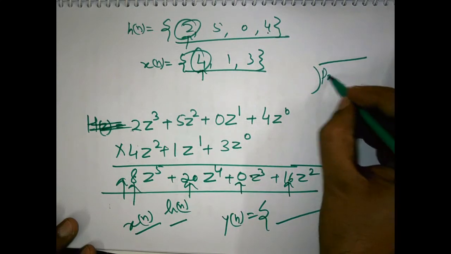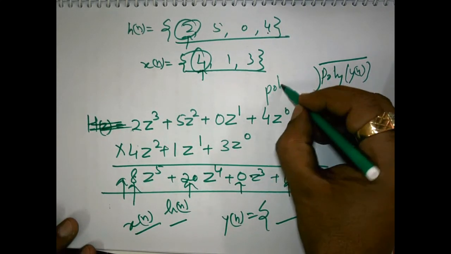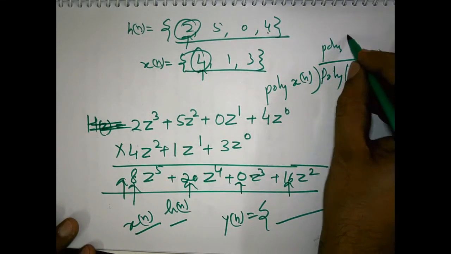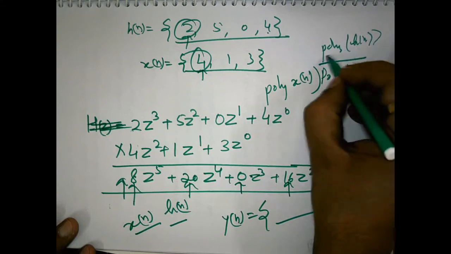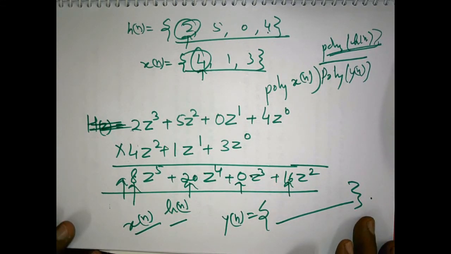Polynomial of yn is divided by polynomial of say xn to obtain polynomial of hn, and this polynomial of hn will give you the signal contained in hn. So, this way you can perform the deconvolution also, opposite of convolution.